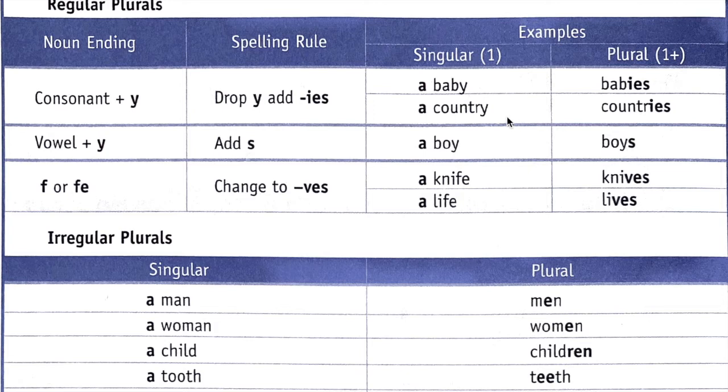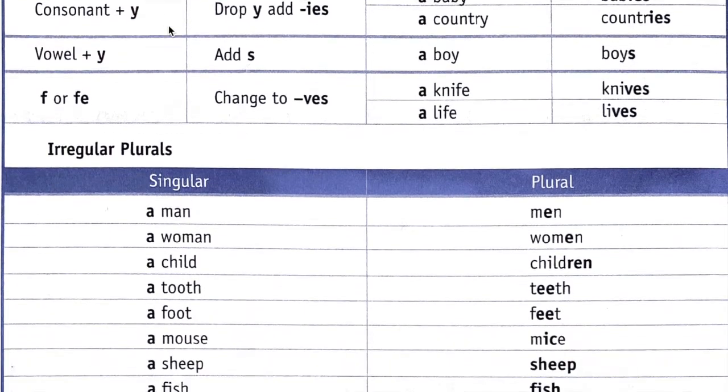If it ends in an F or an FE, you change the F to VES, such as a knife becomes knives. A life becomes lives. One life, two lives.